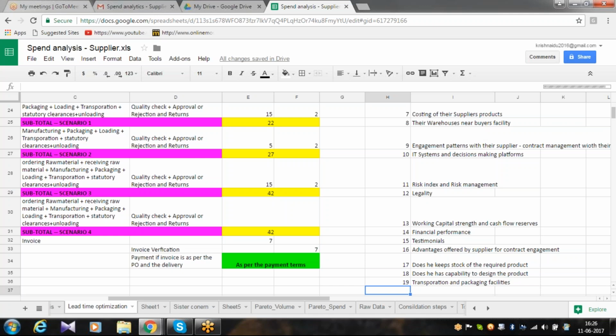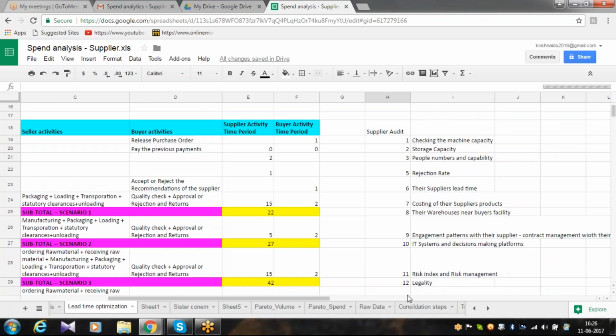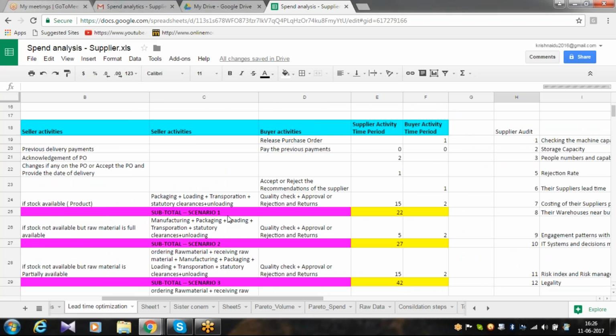Now if I want a delivery from the supplier, on the basis of these things I can judge whether he has the capability to deliver the product at the shortest lead time.